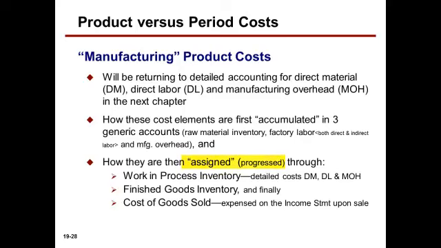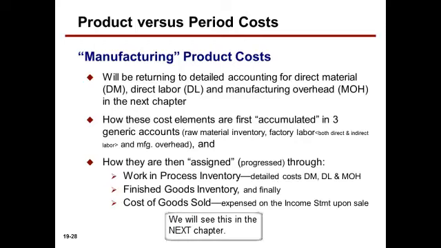These are detailed costs of direct material, direct labor, and manufacturing overhead coming in as debits, increases to an asset account. Transferring those costs to a finished goods inventory account when the product is completed. And then finally transferring the debit into a cost of goods sold account. In other words, expensing those costs on the income statement when the inventory is sold, when the finished goods inventory is sold.